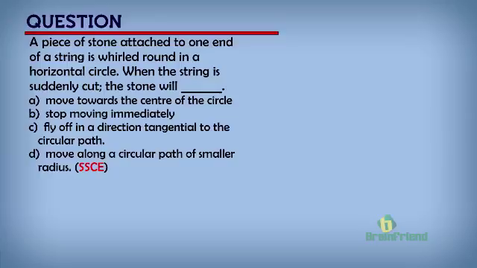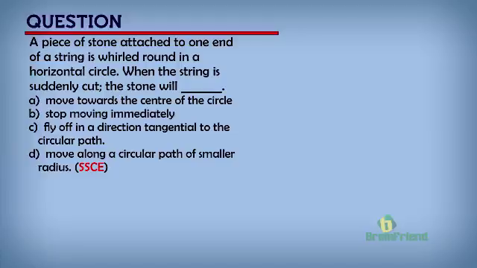Let's round up this session by looking at a simple question. A piece of stone is attached to one end of a string and wound round in a horizontal circle. When the string is suddenly cut, what will happen to the stone? A. Will the stone move towards the center of the circle? B. Will the stone stop moving immediately?